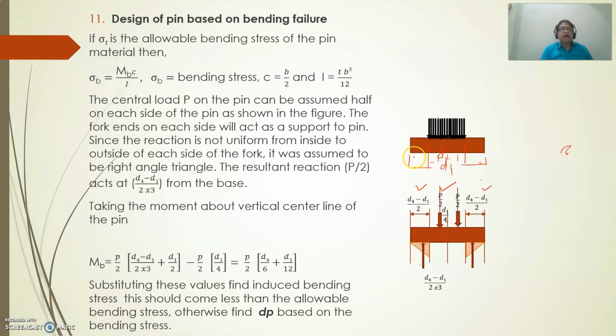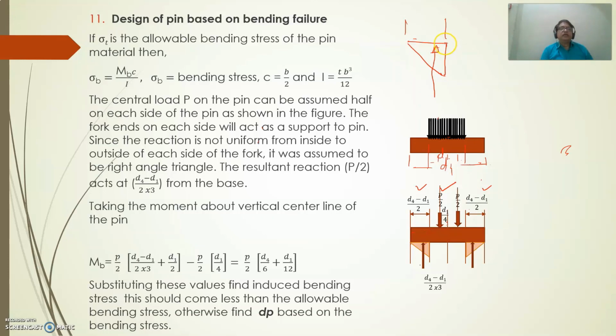Again I will assume the distribution of the reaction, and the resultant reaction will act at a distance of 1 upon 3 from the base.